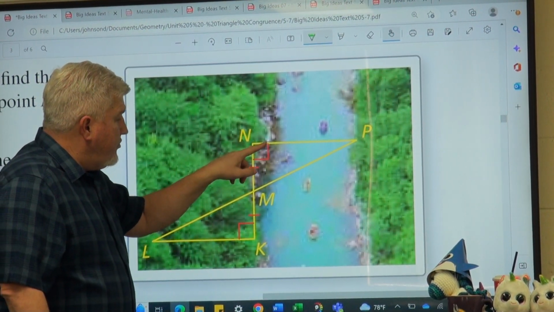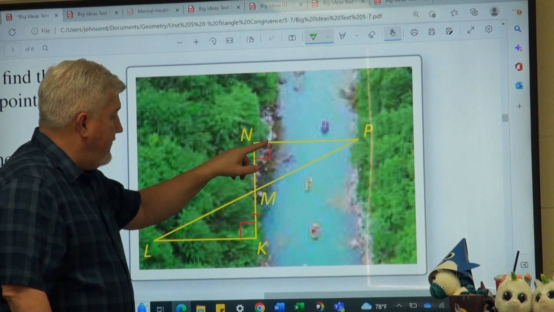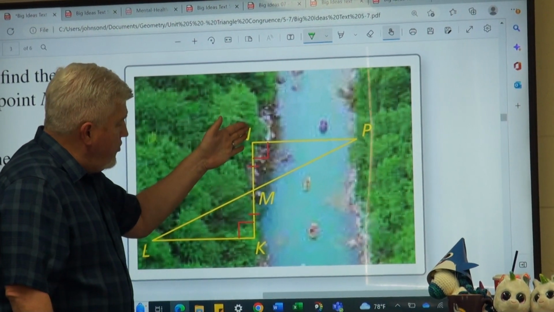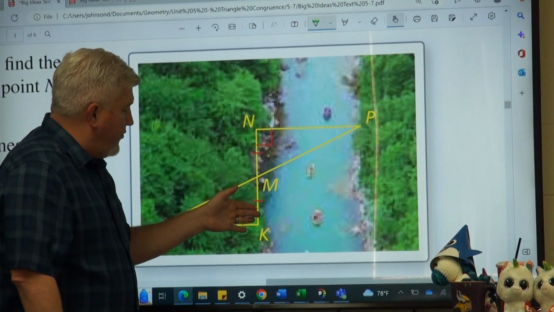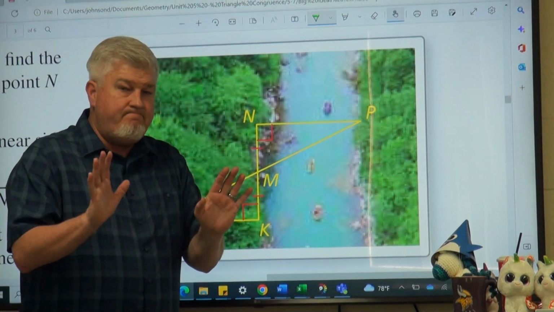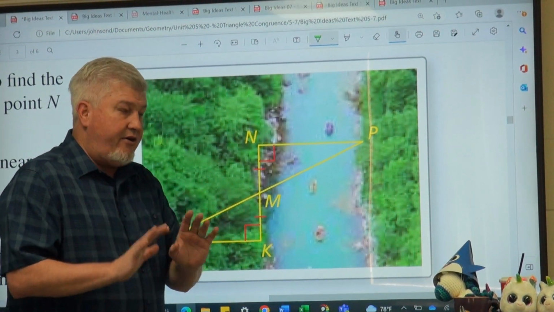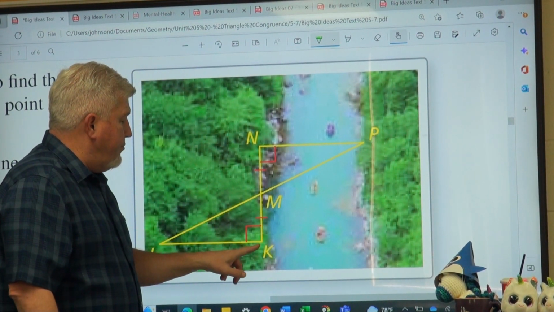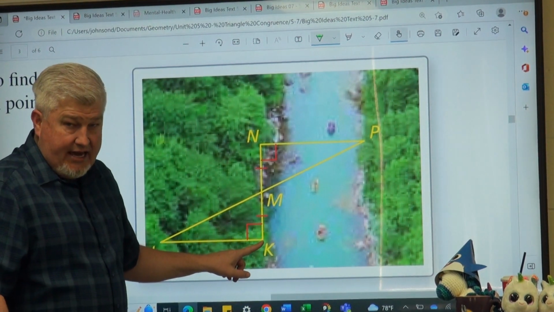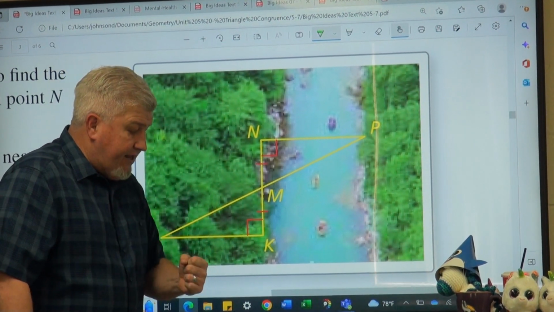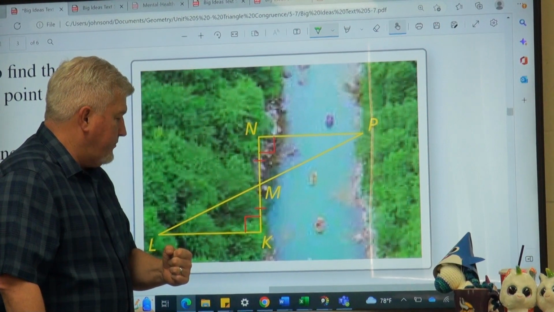Then you measure 90 degrees from that straight across and you go alongside the river. It doesn't matter how far, pick your distance. You go to that distance, you plant another stake at point K.